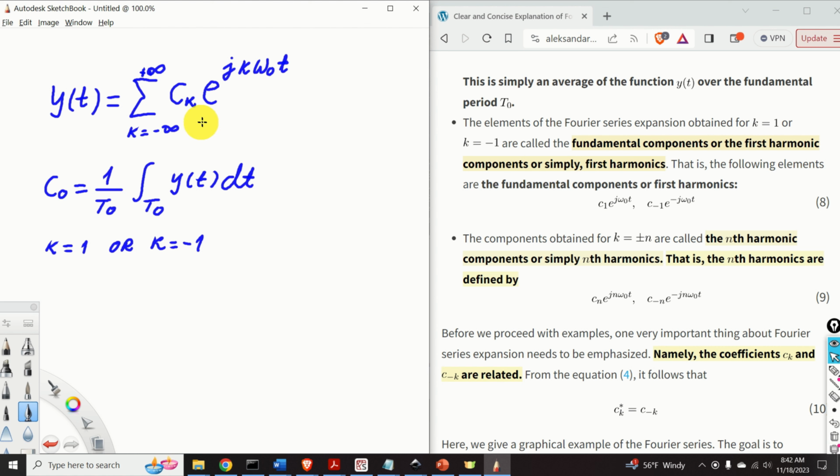That is, the following elements are the fundamental components or first harmonics. They are C1 multiplying e to the power j omega 0 t and C minus 1 multiplying e to the power minus j omega 0 t.